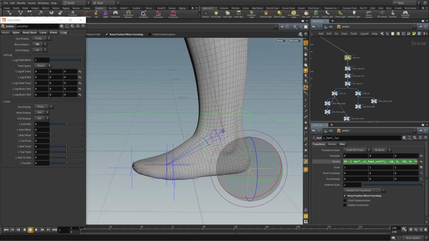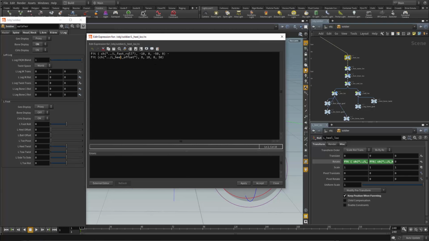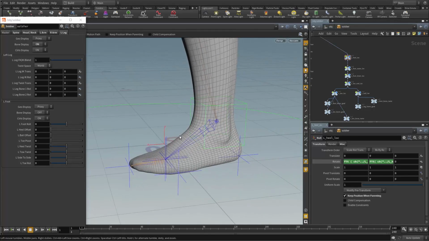And we can see that again here. So this null will rotate in X depending on two parameter values, the left foot roll parameter and the left heel offset. The left heel offset is going from 0 to 10, driving 0 to 50, and the left foot roll is only active from -10 to 0. And then I just continued on.